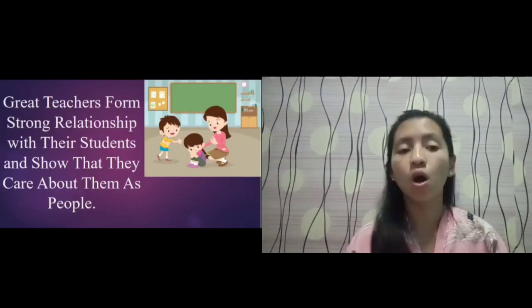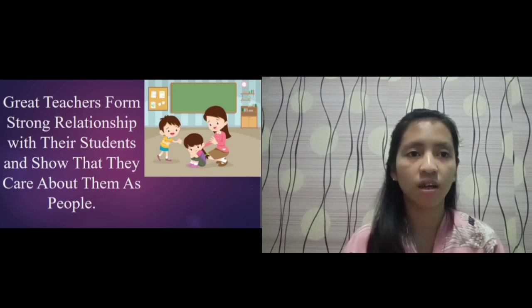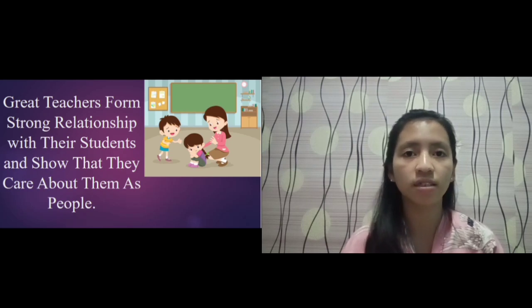Good teachers are masters of the subject matter. According to Kate Hager, the teacher exhibits expertise in the subject they are teaching and spends time continuing to build the knowledge they have. The teacher forms strong relationships with the students so that they care about them as people.